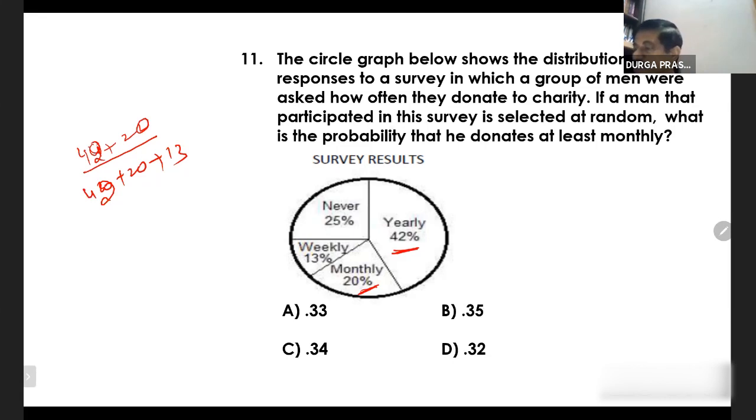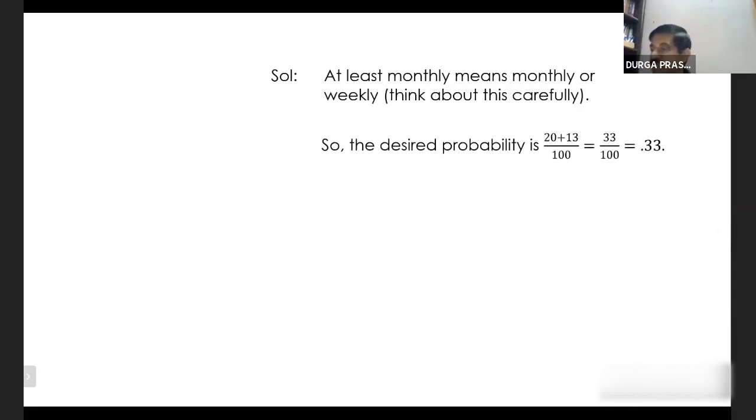If a man that participated in the survey is selected at random, what is the probability that he donates at least monthly? No, it may be at most monthly, as per the solutions. If we go with the options, it may be at most monthly. So that means from the donated people, the number of people who donated weekly and monthly will be 20 plus 13, divided by the total of 100, that is 0.33.